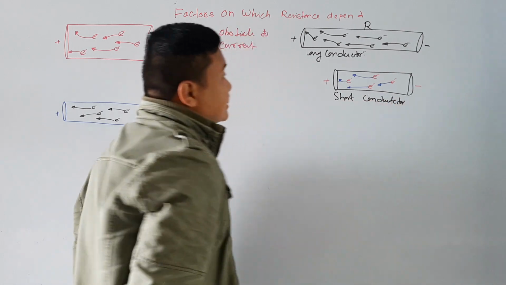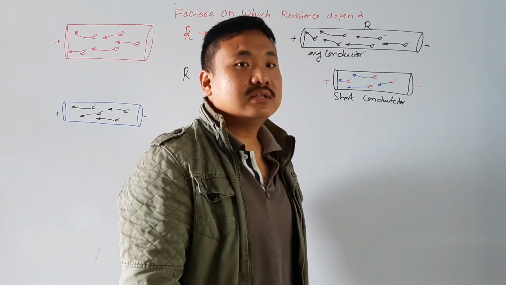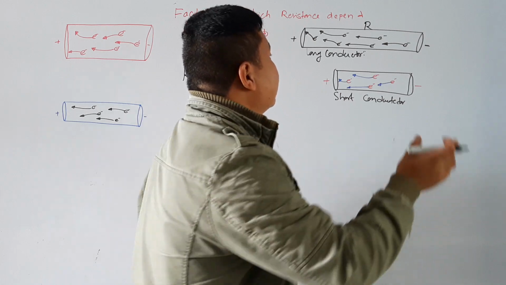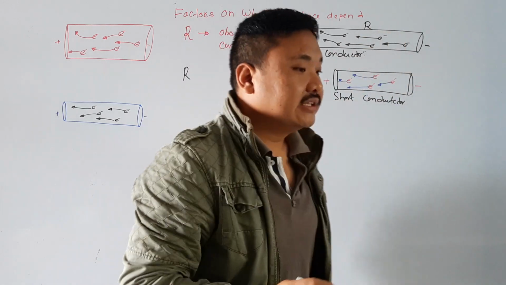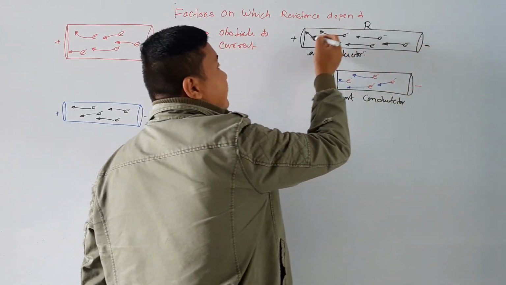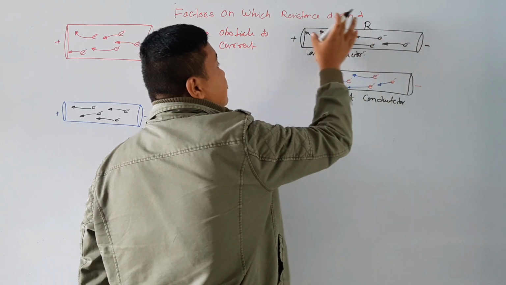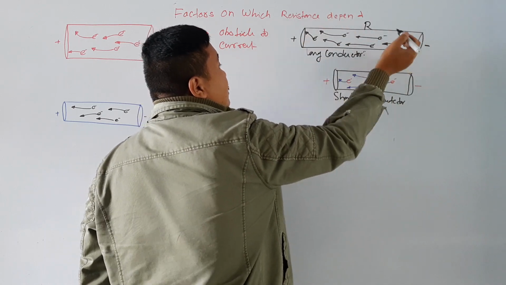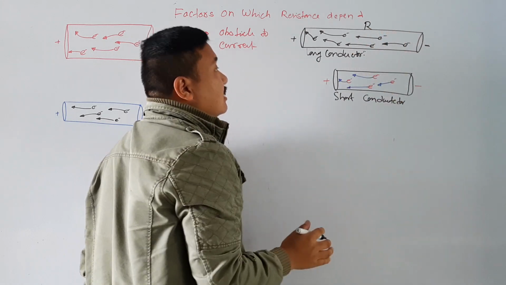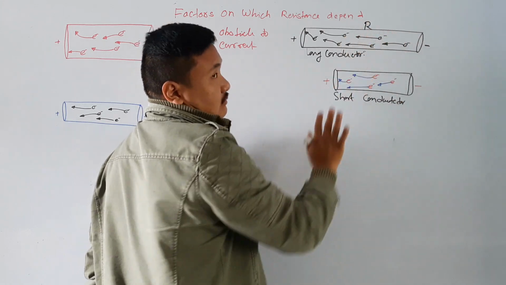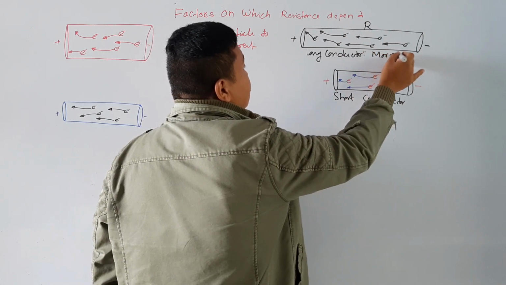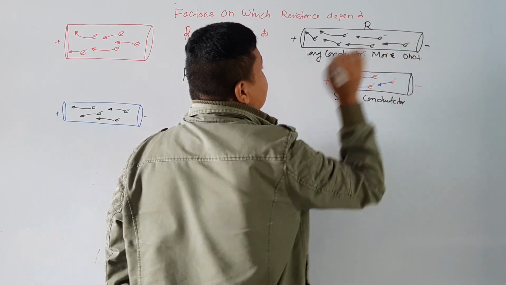Now, in which conductor will the electron face more obstacles? In the long conductor, because the electron has to travel from this place to this place, and within this length it has to collide with many other electrons and non-movable atoms, so it faces more obstacles.